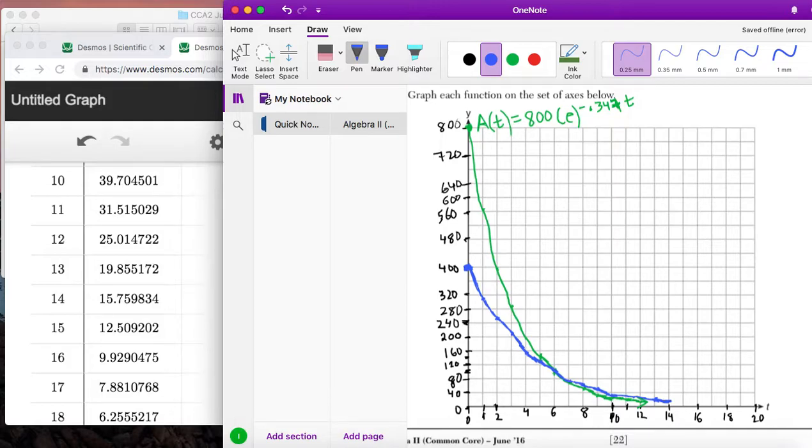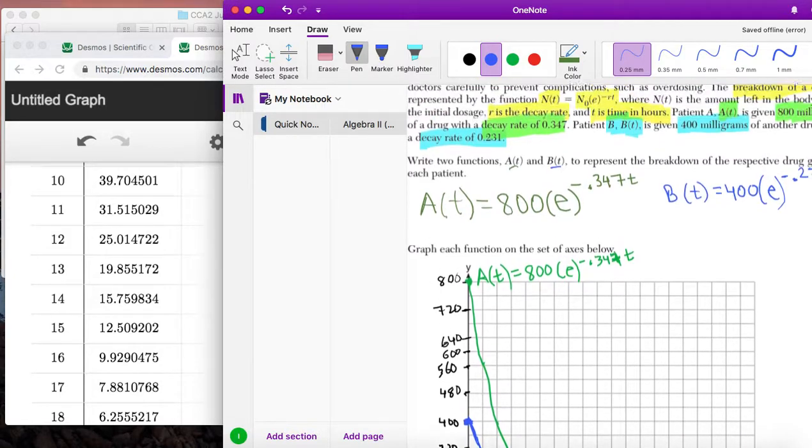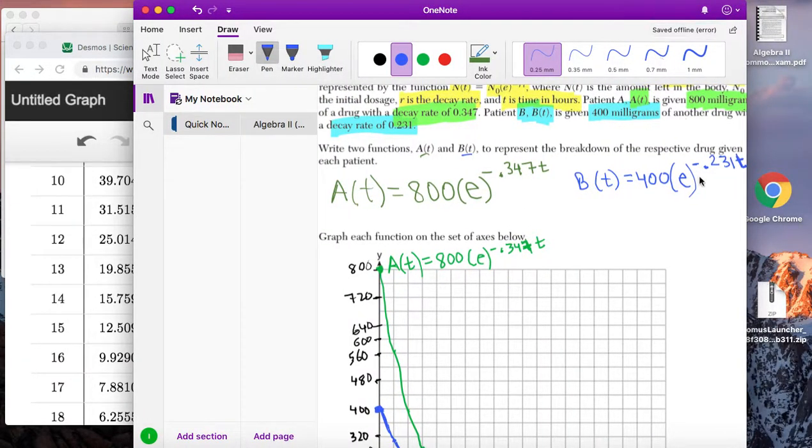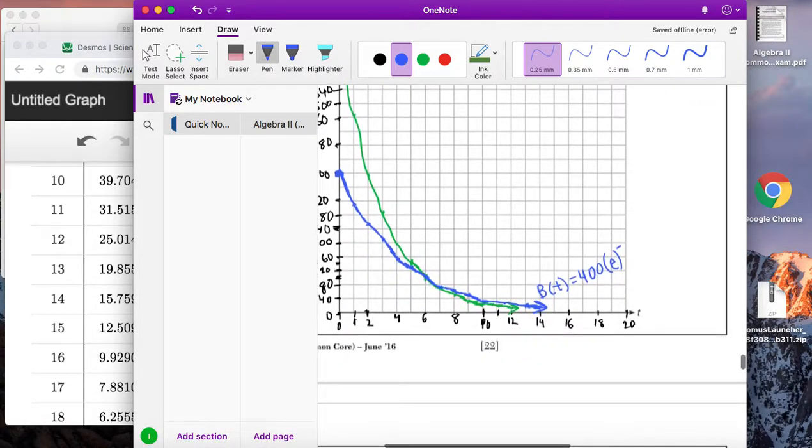That's fine. Can't have a perfect graph with these. Okay, so we'll write the equation for b of t, which is equal to 400 times e to the negative, what was it, 0.231 t.